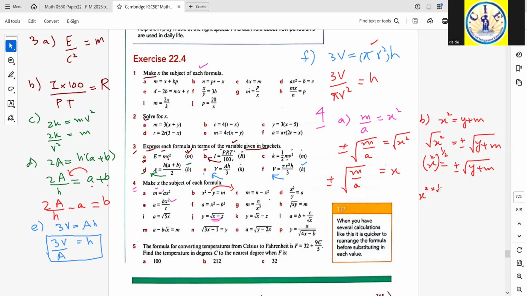So I need to multiply 2 with 1 by 2 so that x has power 1 or exponent 1. And on the right side, this is y plus n. So this is how we can cancel this square with the square root sign. So the value of x is plus minus square root of y plus n.